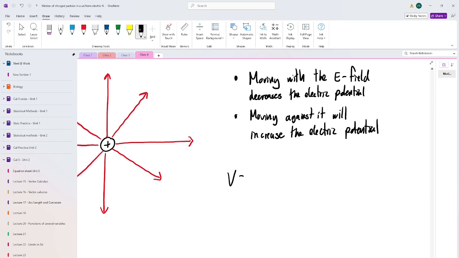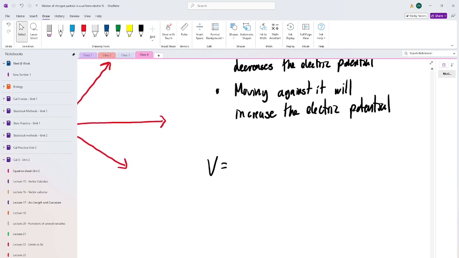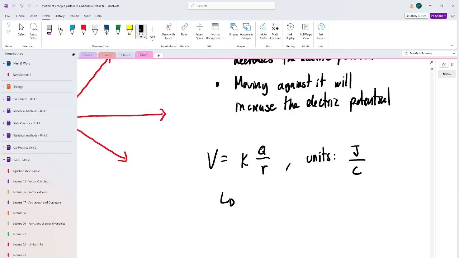So in general, V is equal to K times Q over R, and this is going to be in units of joules per coulomb. It's also worth noting that this can only be used for point charges.